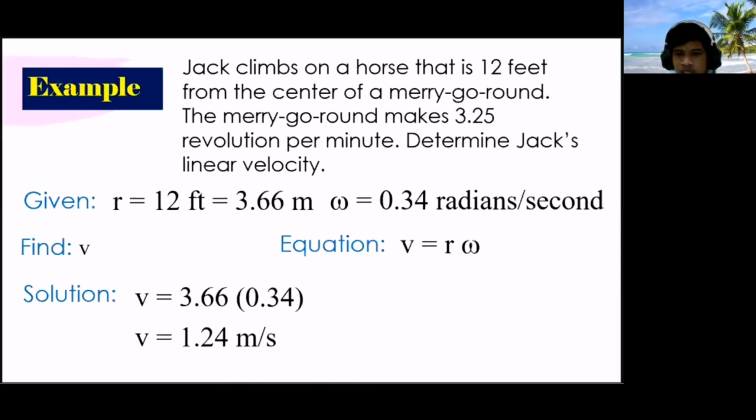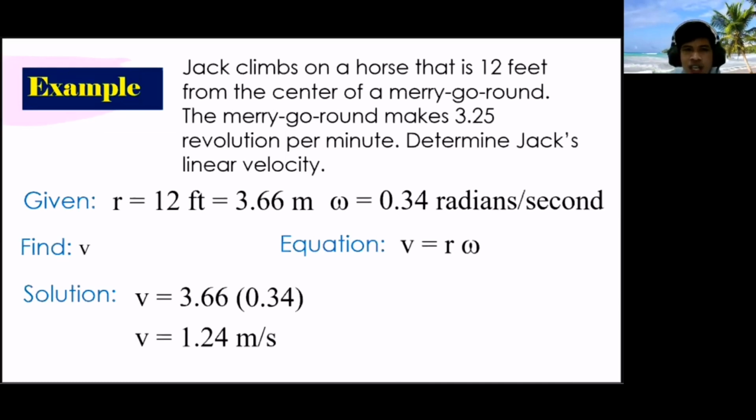So 1.24, who has 1.24 as their answer? Poom. If that is your answer, that would be meters per second. Okay. And then Mu, if that is correct, 1.24 meters per second.